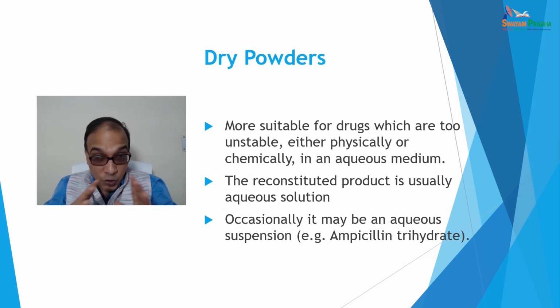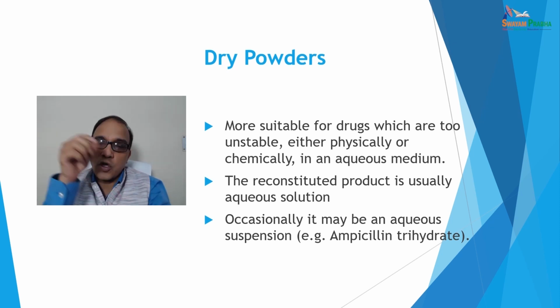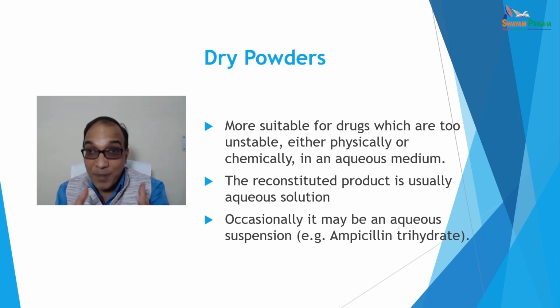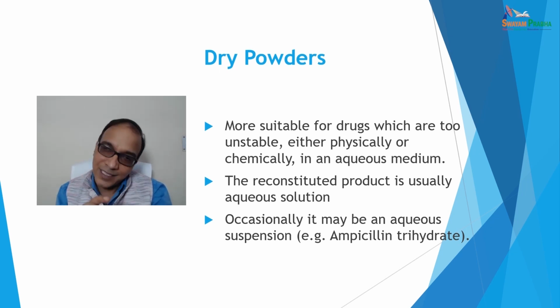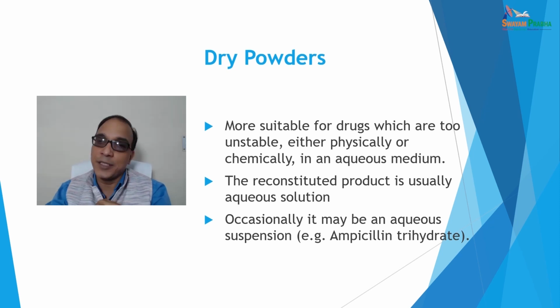Do you remember many of the injectable formulations you might have seen, they are in powder form? You have to reconstitute. You will add sterile water for injection there. They are supplied with water for injection for reconstitution because they are unstable in liquid phase. That's why they are kept in the dry powder form, and at the time of delivery itself they are reconstituted with the vehicle and then injected immediately.